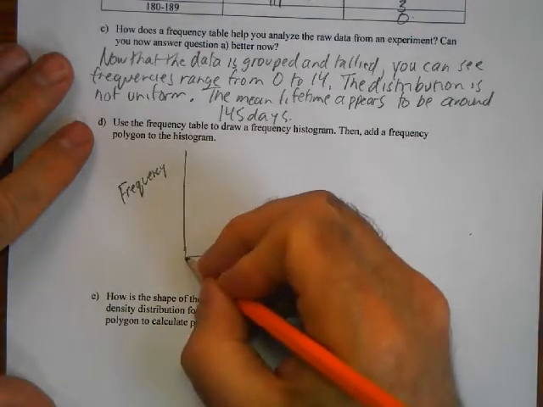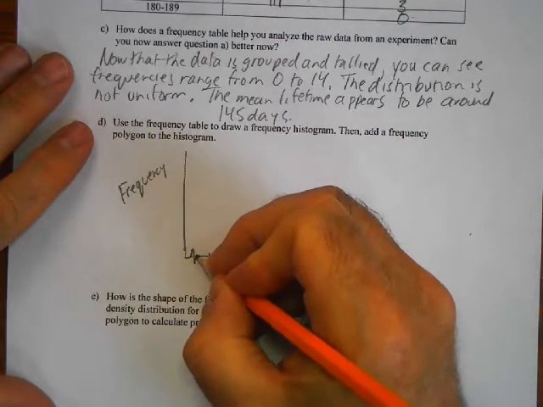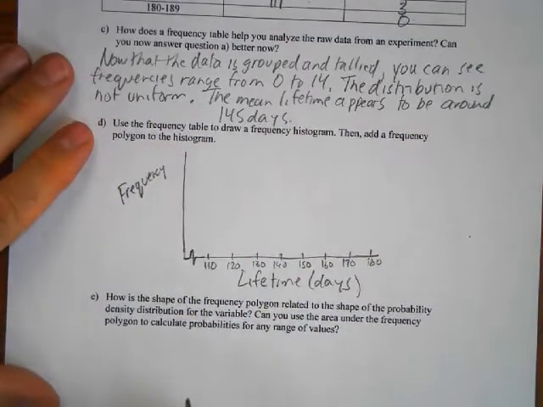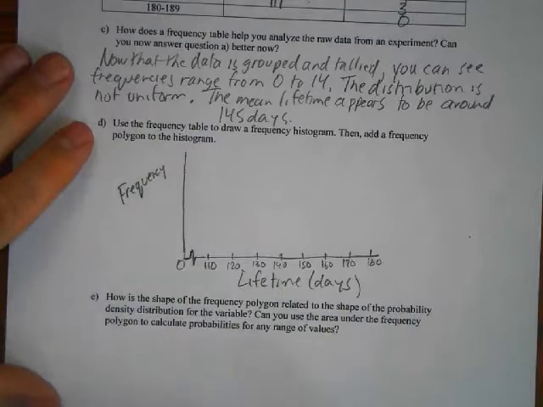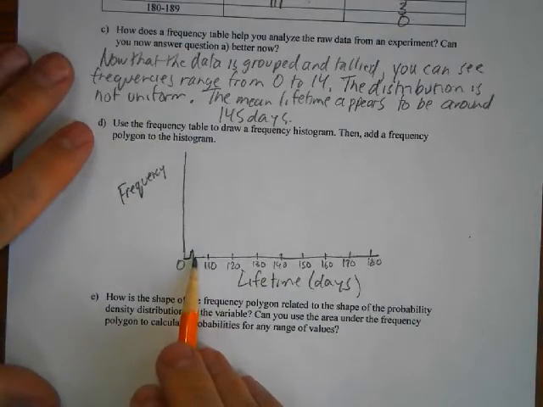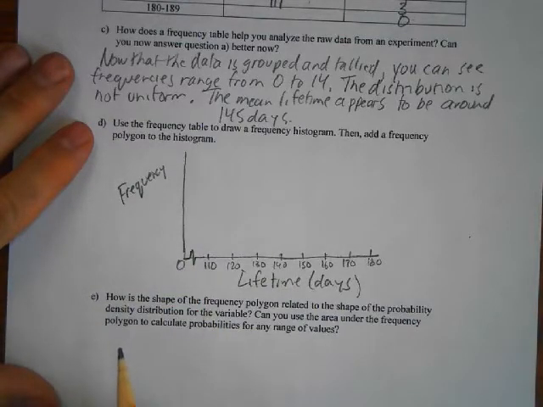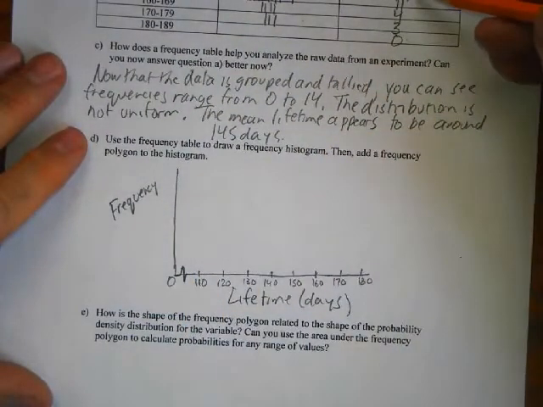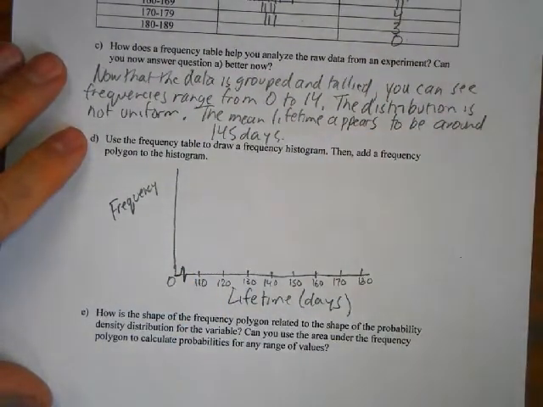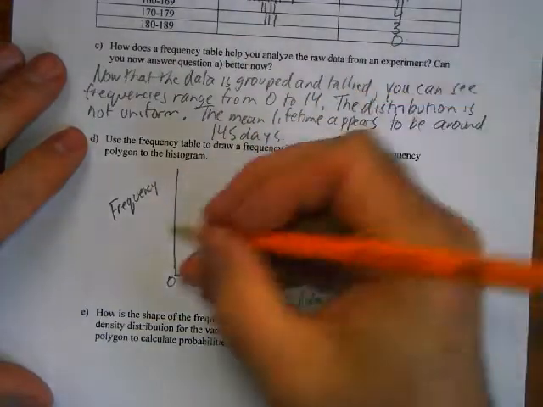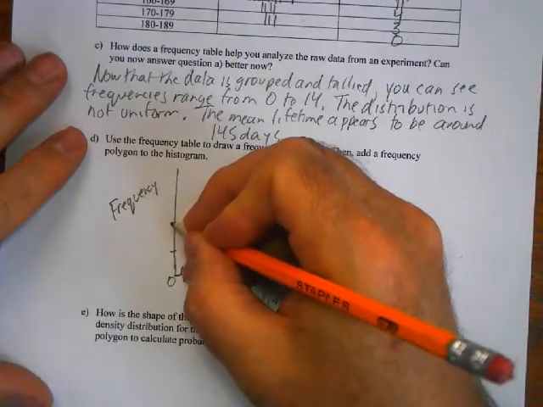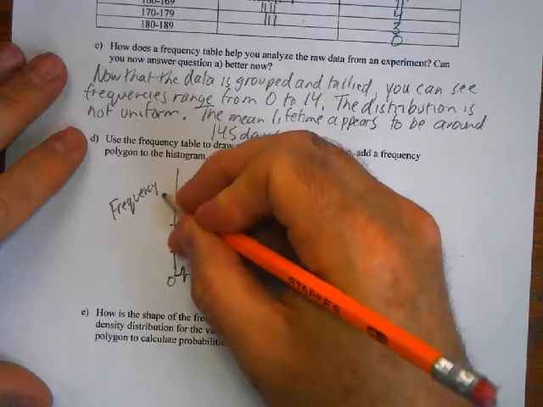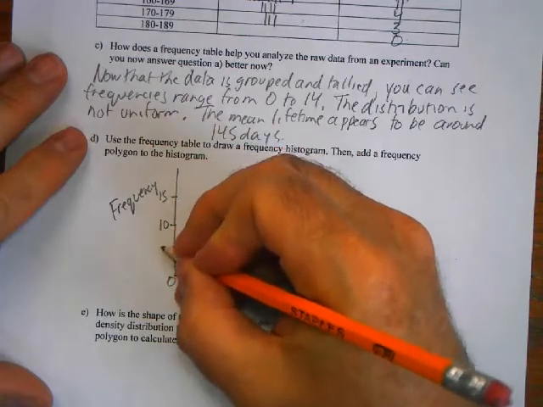So this is where you do the little break again to show that even though if we put a 0 there, there's a break in the graph there. Okay, in terms of frequencies, the highest was 14, so we could say maybe 15. Lowest is 0, so I'm going to go up in increments of 5. So I've got 15, 10, and 5.